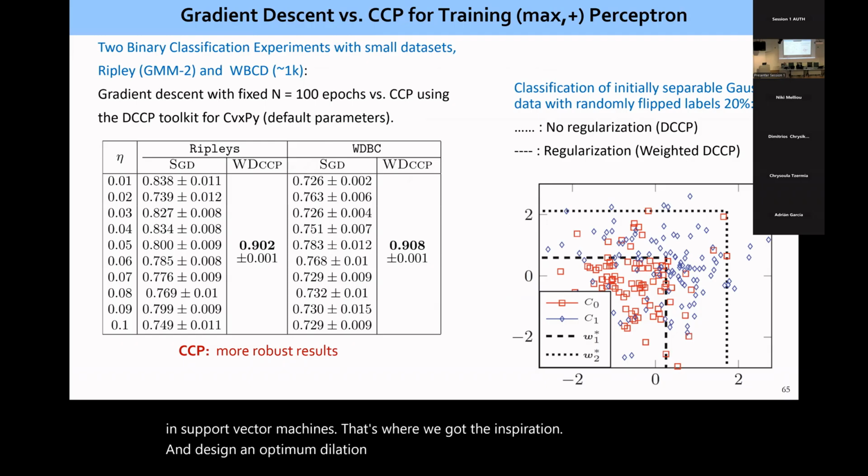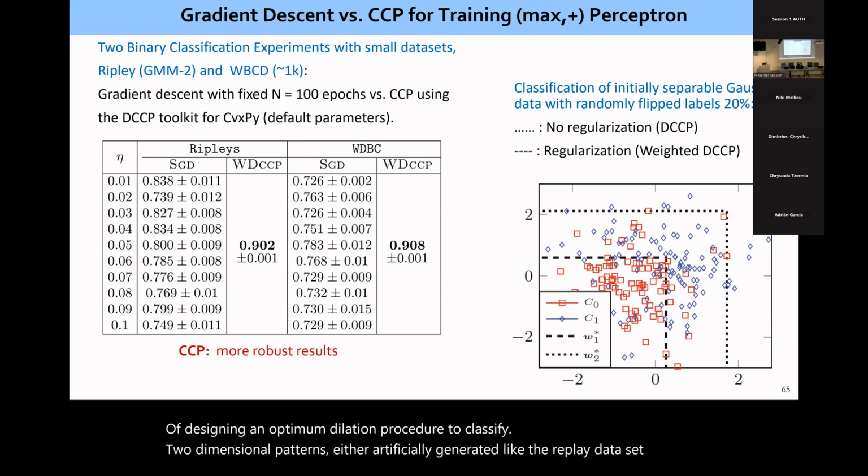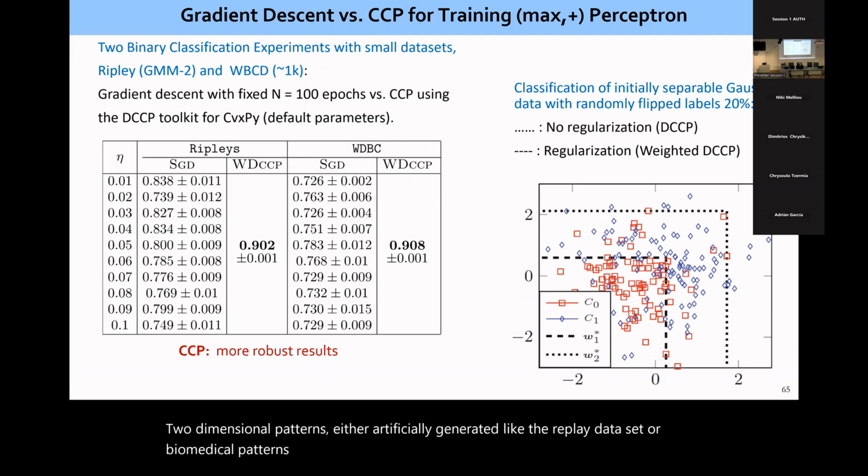Here you see a numerical example of designing an optimum dilation perceptron to classify two-dimensional patterns, either artificially generated, like the replay data set, or biomedical patterns from a breast cancer database.